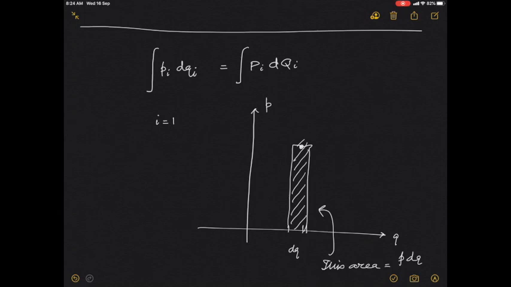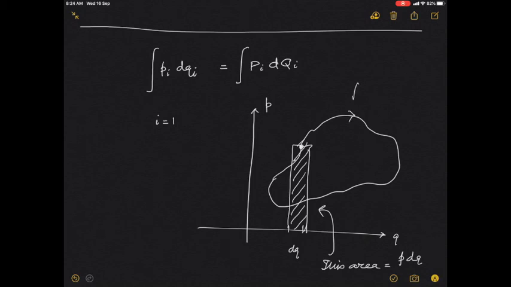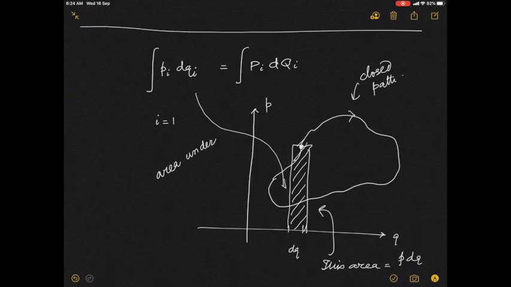Remember that I can have a closed curve in the phase space. If I consider any trajectory in the phase space which is closed, then this integral is a closed path. This integral will give us the area under the path, or should I say inside.